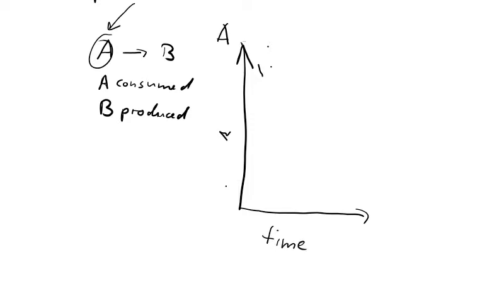Okay? What would you expect in terms of curve? It would be an exponential decay, exactly. So it would be something like that. Yeah? And this would be here A initial.